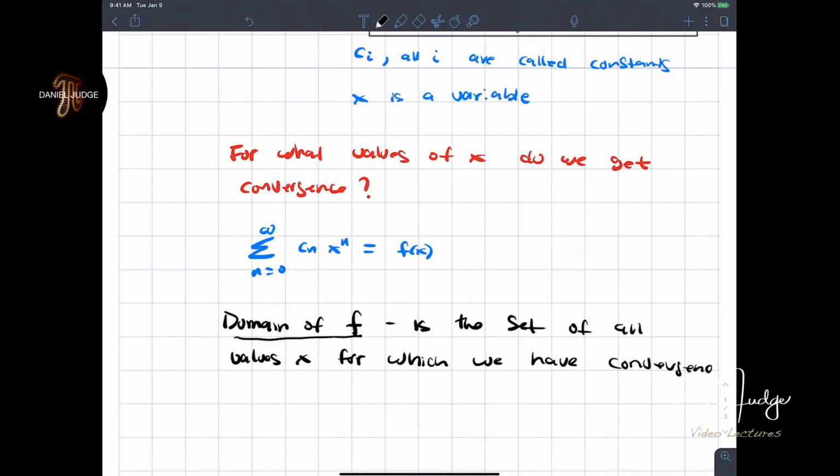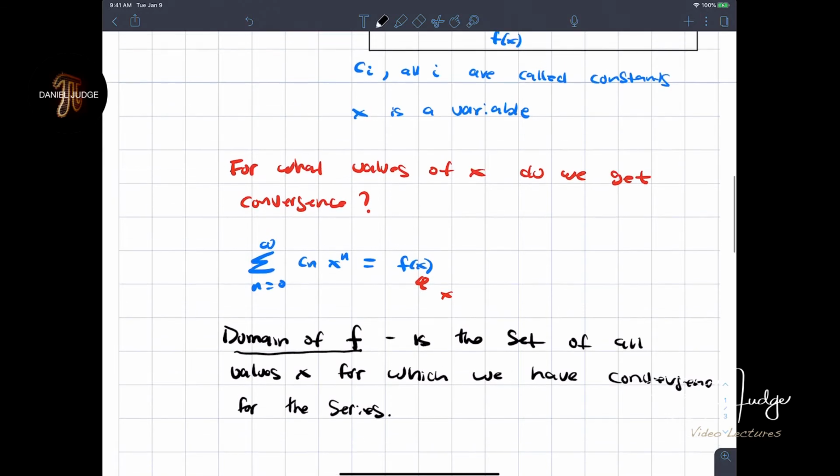All right, so whatever value of x here, every input, we need the series to converge. This is what they're talking about. So this is the domain of the function. Set of all values for which we have convergence for the power series. And we can say series for short. Okay, so this is kind of the definition of what you're looking at.